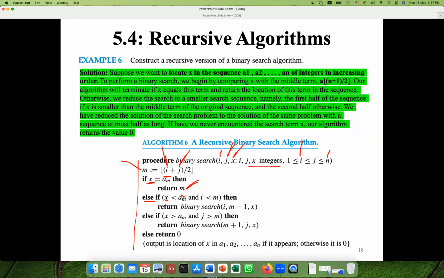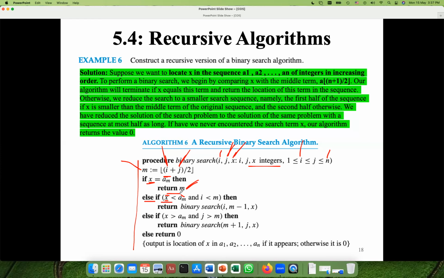If the element X, which you want to search, is less than the middle element, then since it is sorted, your searching element would be before that middle element. If it is greater, then your searching element would be on the right hand side. That is what is written here.